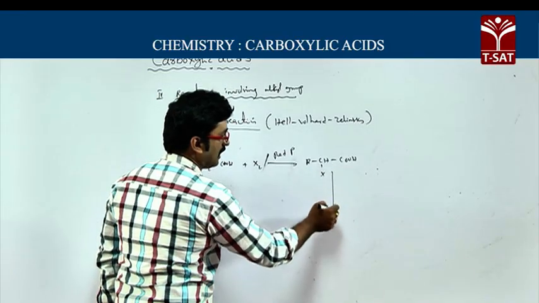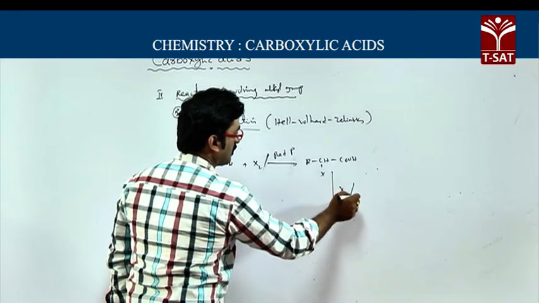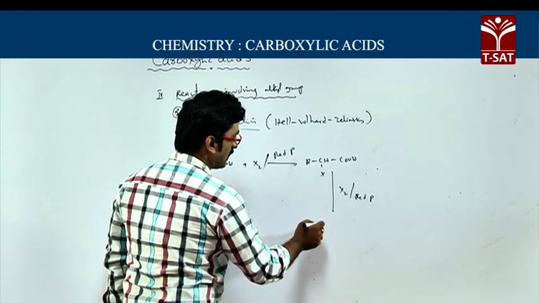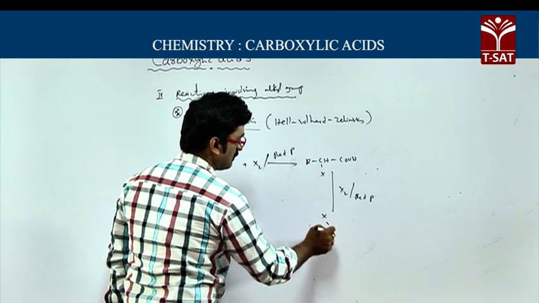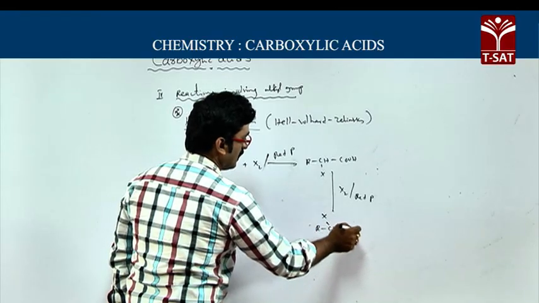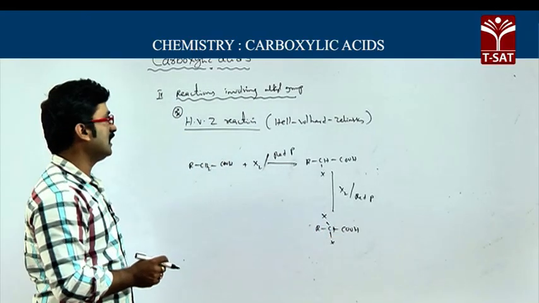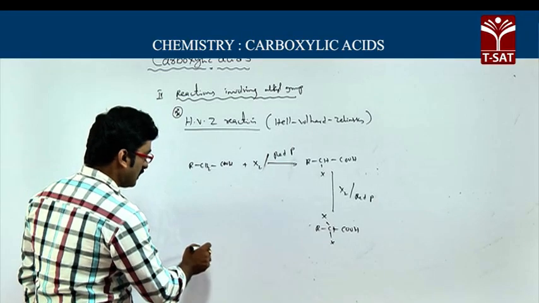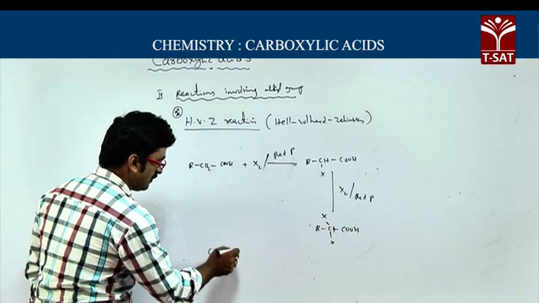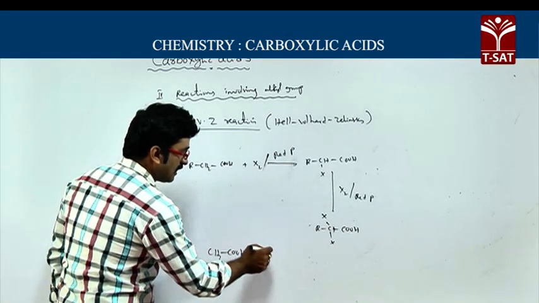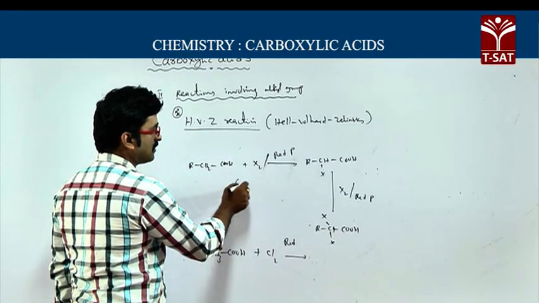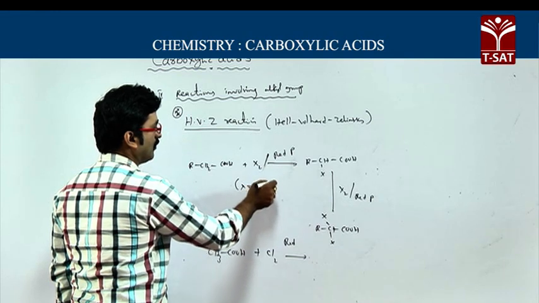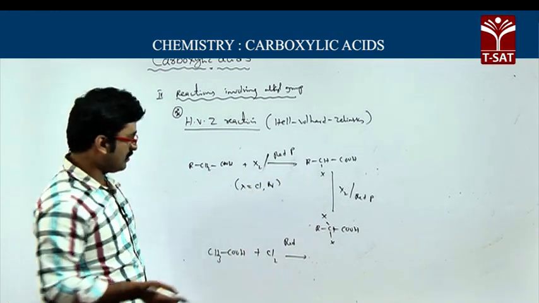And this on further reaction with halogen in the presence of red phosphorus, again you will get RCX2COOH. And this reaction is called the HVZ reaction. Now we will take acetic acid, CH3COOH. When acetic acid reacts with chlorine in the presence of red phosphorus, here the halogen may be chlorine or bromine. You can take either chlorine or bromine.